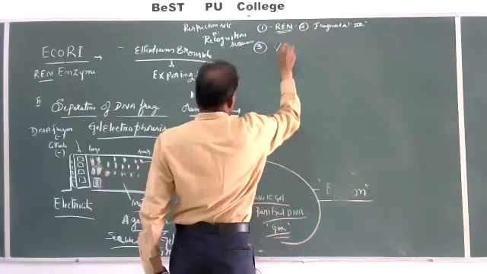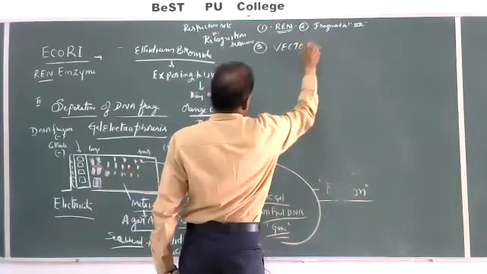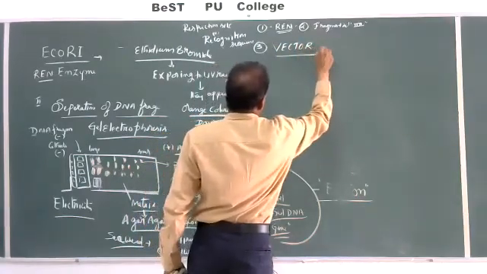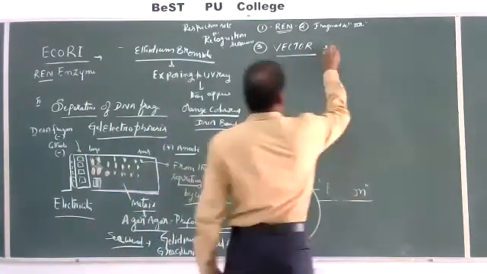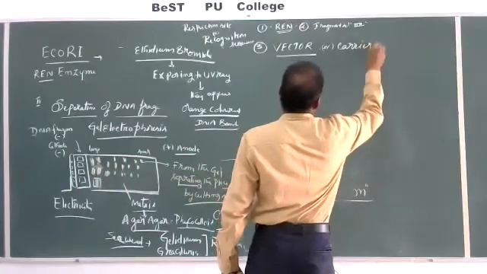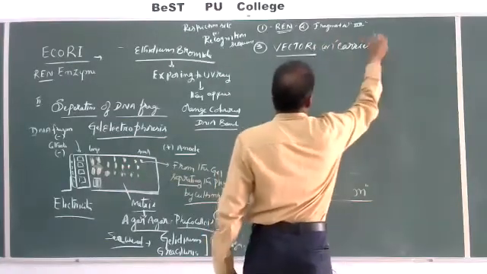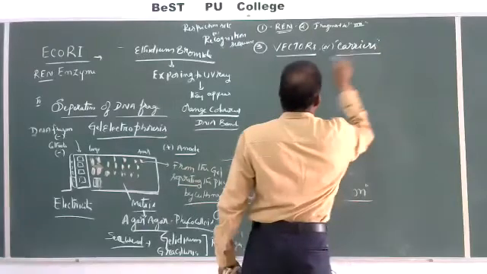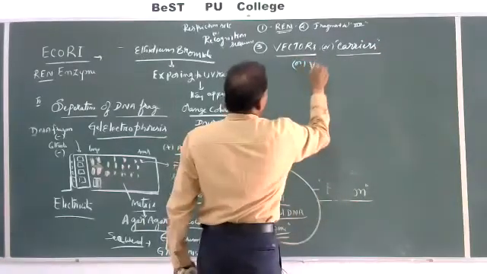The tool now is the vector. Vectors are nothing but carriers. They are also called vehicles.